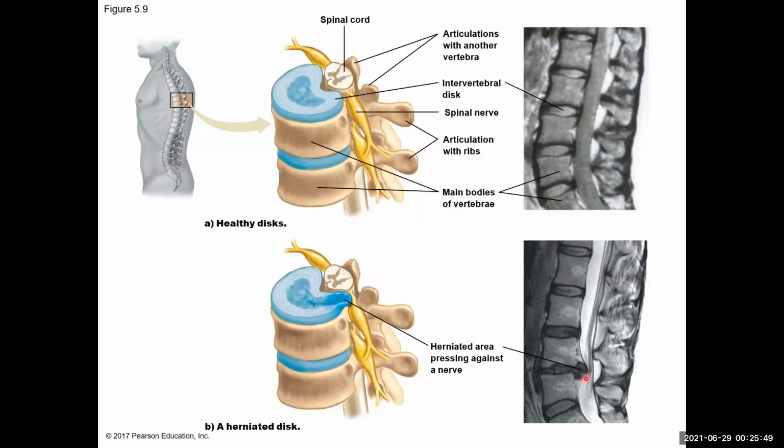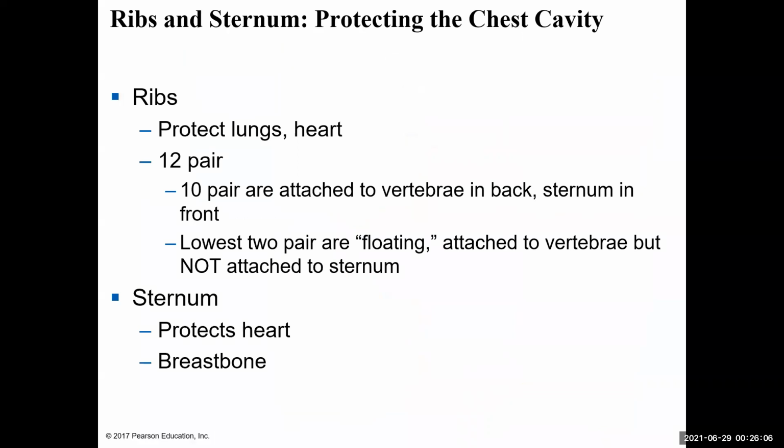And so this could lead to a lot of pain, a lot of discomfort. It can lead to numbness in limbs, so like your arms or your legs, depending on where that intervertebral disc has herniated and specifically what nerve it's pressing against.